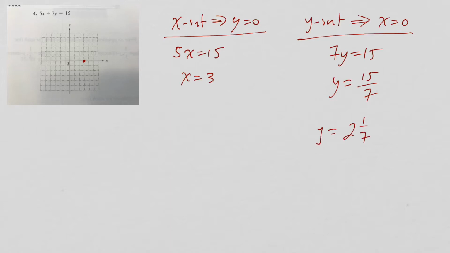Now that's a little hard to graph, but it's a little bit more than the 2, not much more. And there's our graph. So the intercept method works really well when these coefficients both go into this without a remainder, and it doesn't work so well when that doesn't happen.